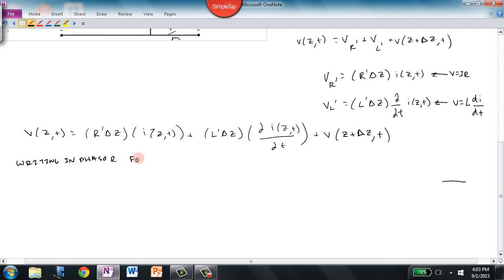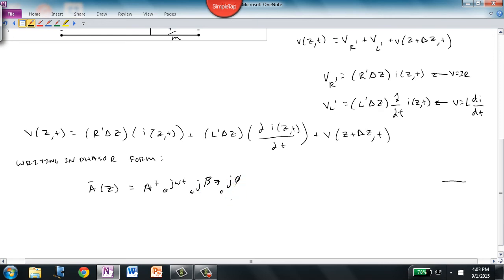To do that, I'm just going to remind you that if we have a phasor notation, we have the amplitude, A plus, the peak value, e to the j omega t, e to the j beta z, e to the j phi. So we've got the time phasor, the distance phasor, and the phase shift.